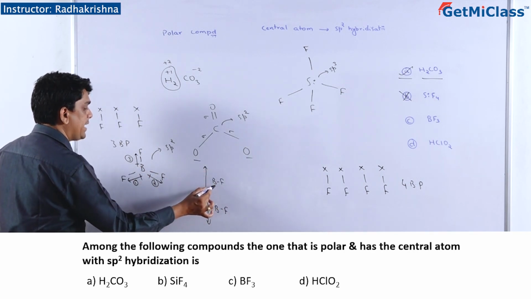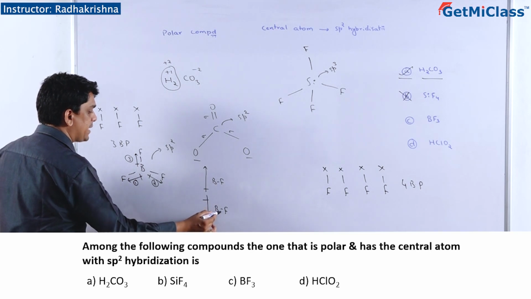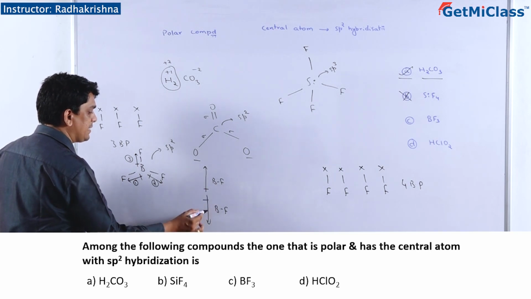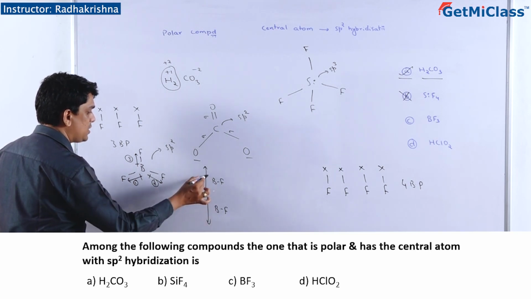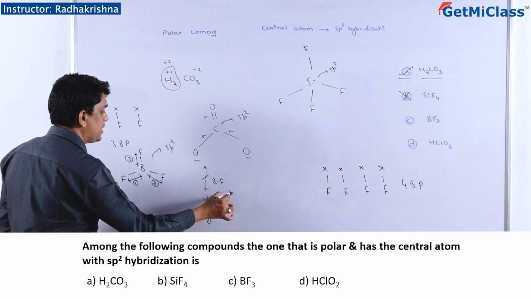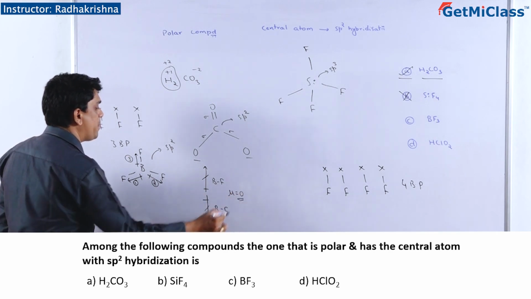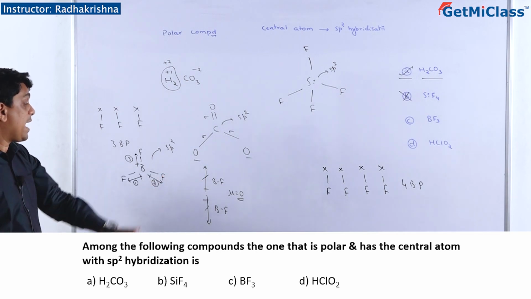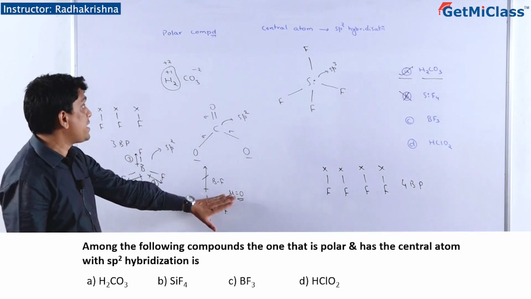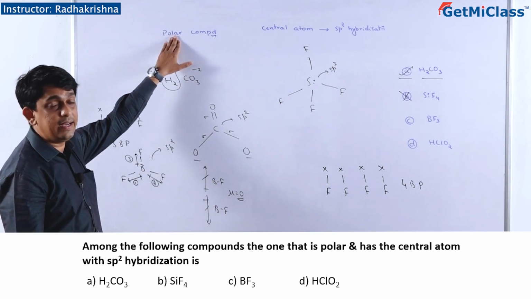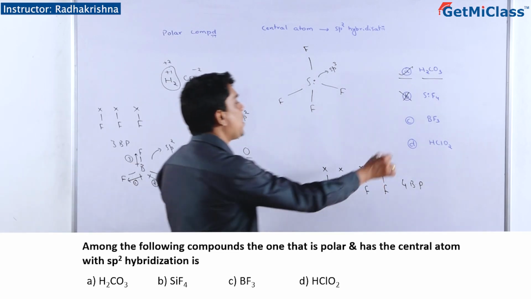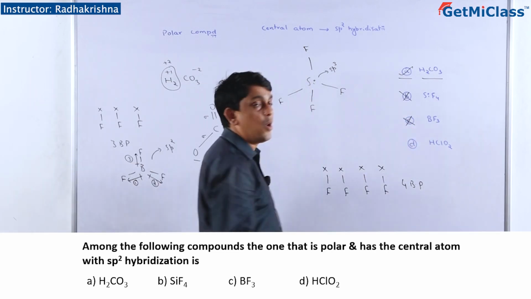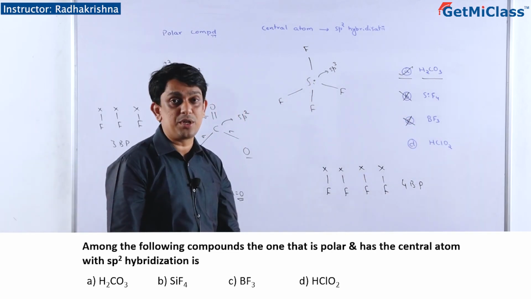Because it is pertaining to BF, their magnitude is the same and the direction opposite, so they cancel each other out. So the net dipole moment becomes equal to 0. Because the net dipole moment is 0, it cannot be polar. It is non-polar. So even option C we are ruling out. So we are left with option D.